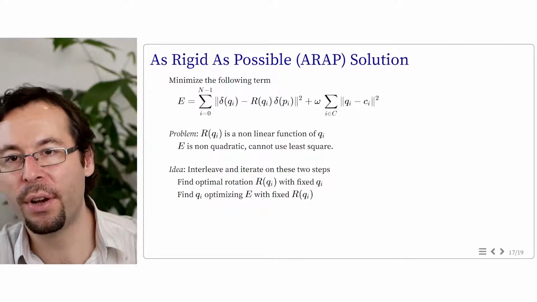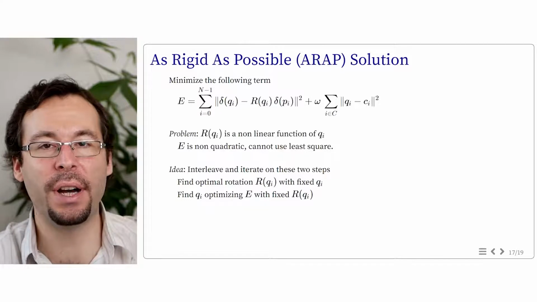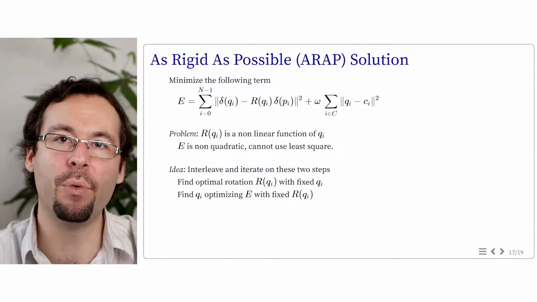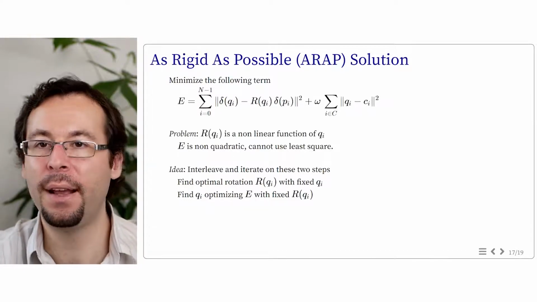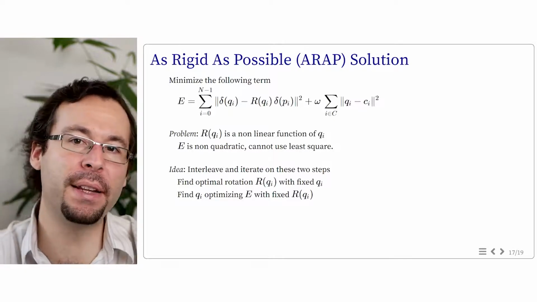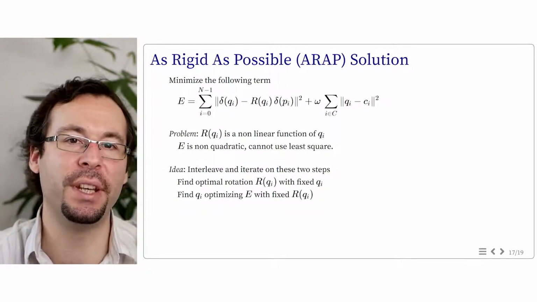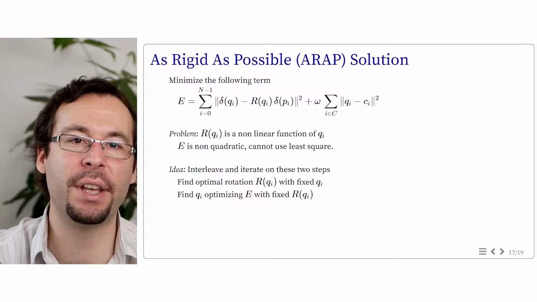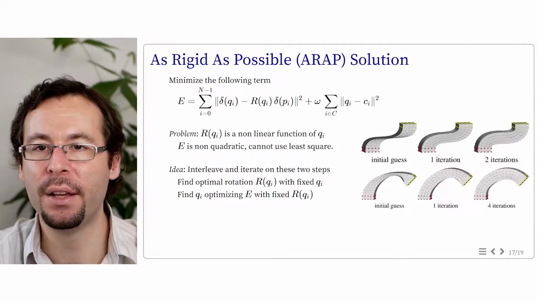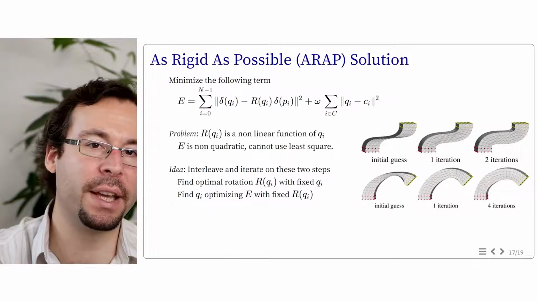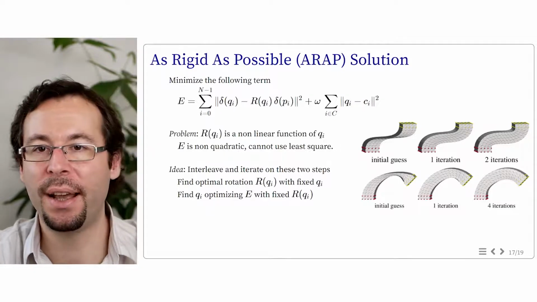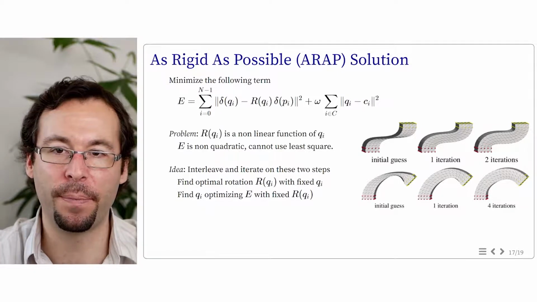First, we find the optimal rotation R of Qi with fixed Qi, and second, we find a new Qi position by optimizing the energy E with fixed rotation R. For fixed rotation R, we again have a quadratic representation, and we can use the least squares solver.